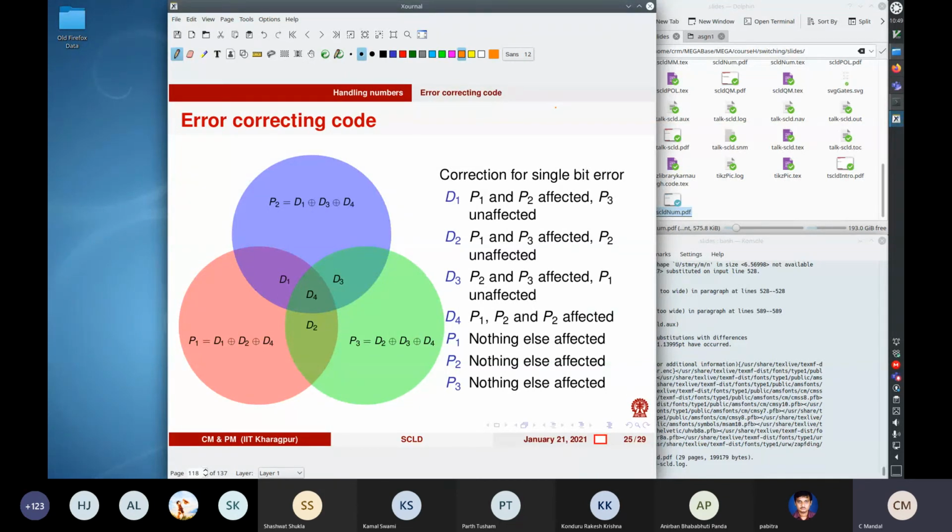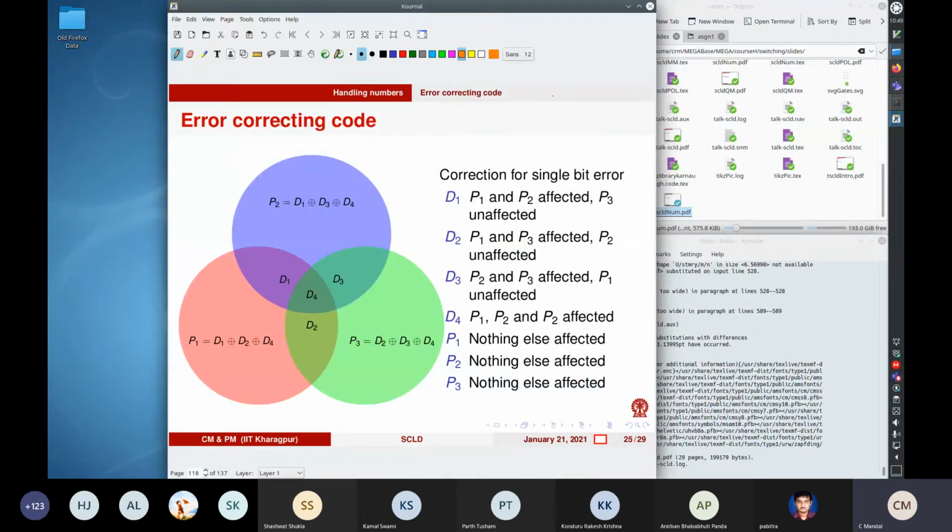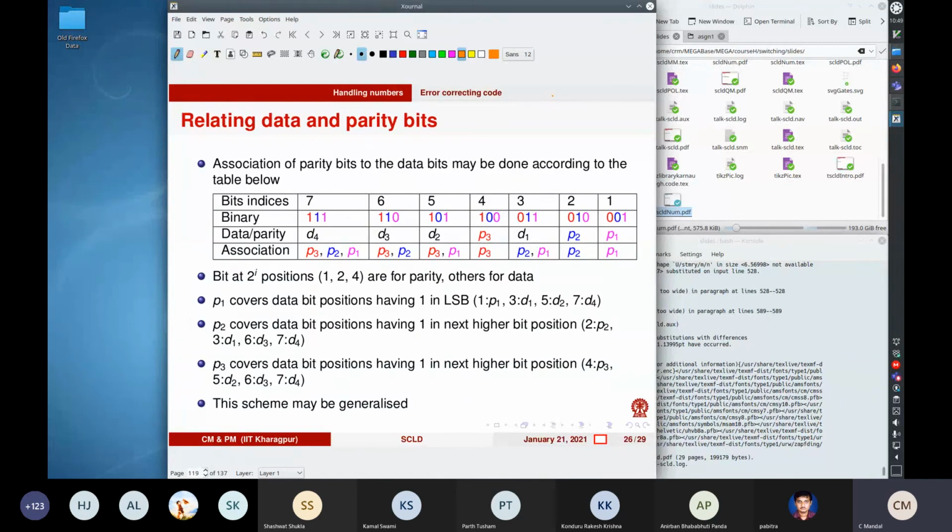All right. So that way we can have a scheme. You can design the logic. So what we do is we number the bits in this manner. So let us say, as you can see, we have got 7 bits here, right? 4 bits of data and 3 bits of parity.